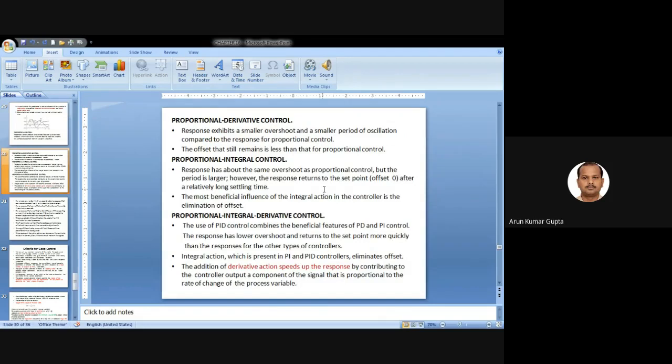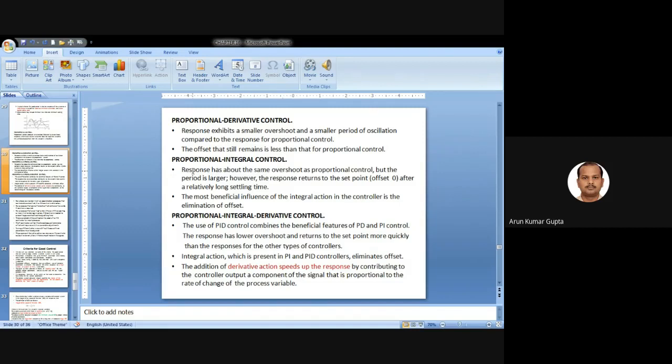Here we just want to introduce some controllers and their behavior, then we can talk about the optimum value. The proportional derivative controller response exhibits a smaller overshoot and a smaller period of oscillations compared to the proportional controller. The offset remains less than the proportional controller. So we are summarizing how the different controllers behave.